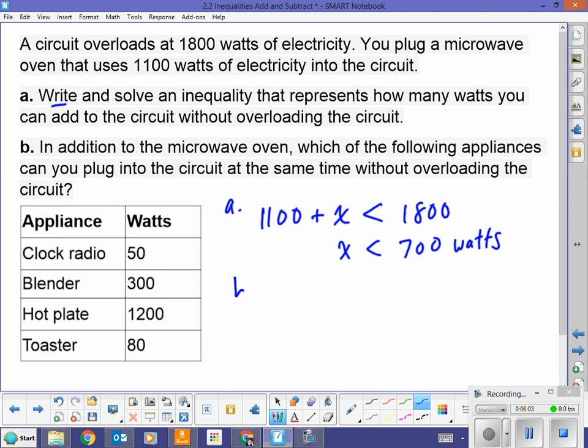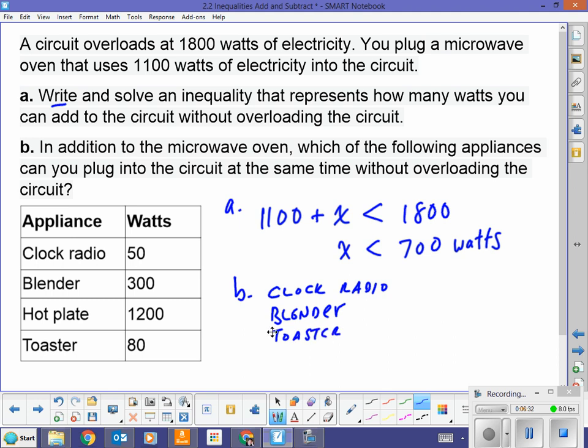Now B, in addition to the microwave oven, which of the following appliances can you plug into the circuit at the same time without overloading the circuit? Well, we need appliances that are less than 700 watts. So it could be the clock radio, it could be the blender, and it can be the toaster.